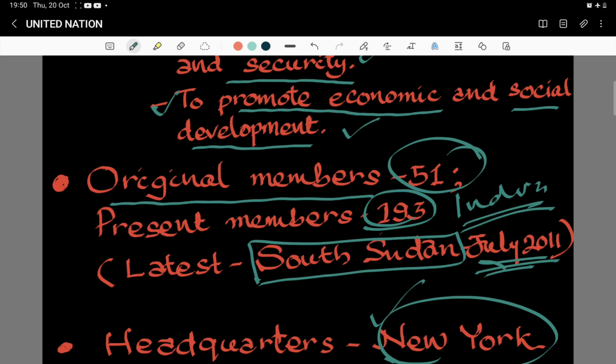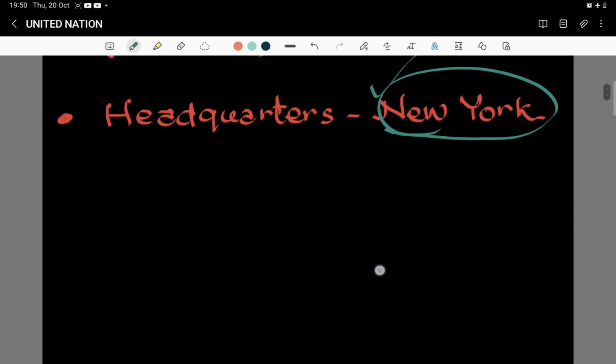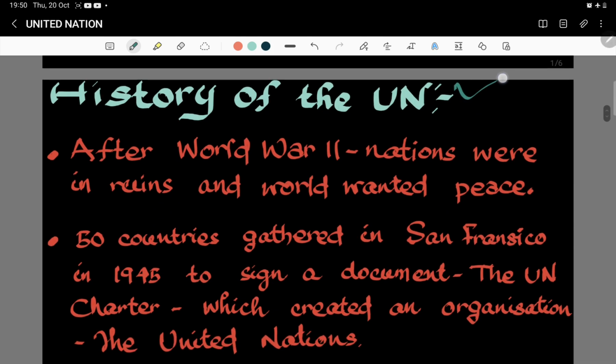Now let's move to the history of the United Nations. The United Nations was established just after World War II. During that period, the nations were in ruins, and the world wanted peace.